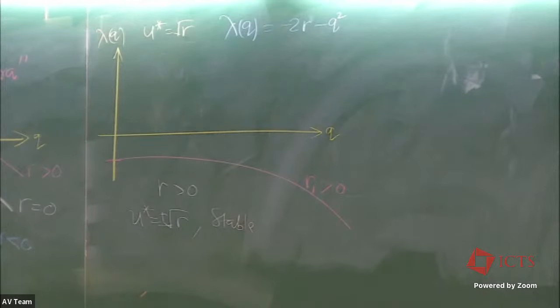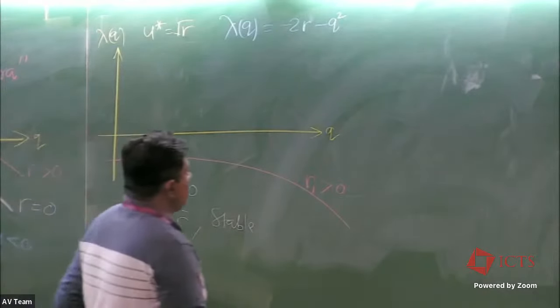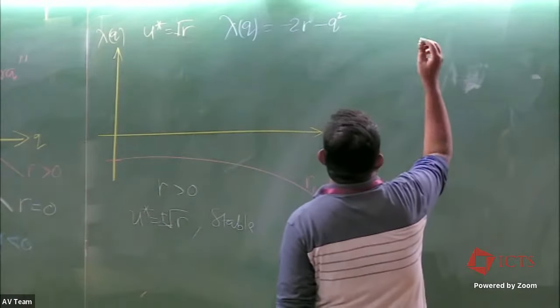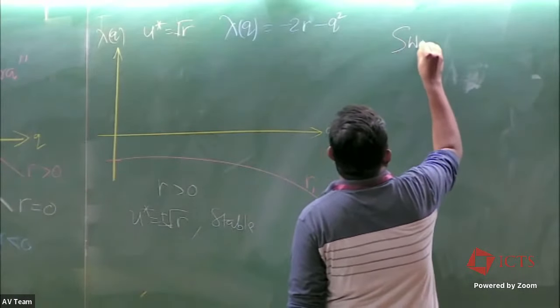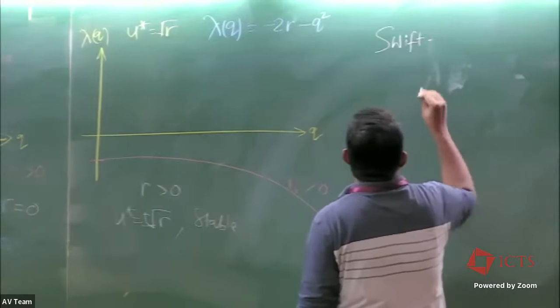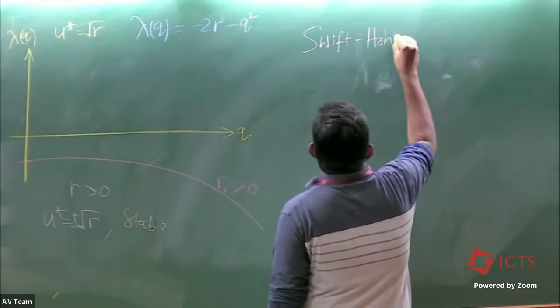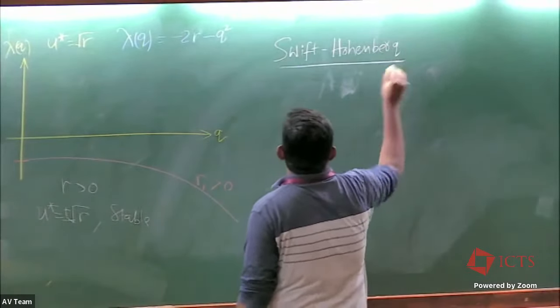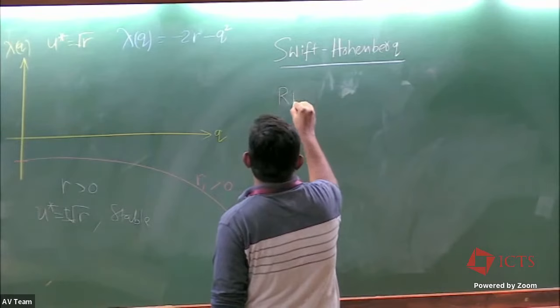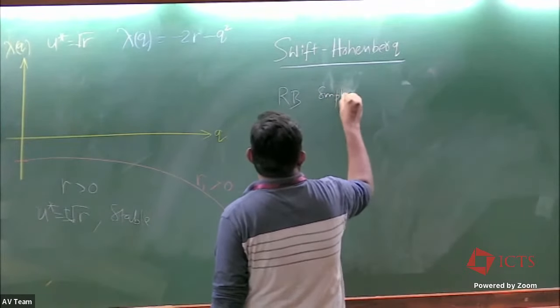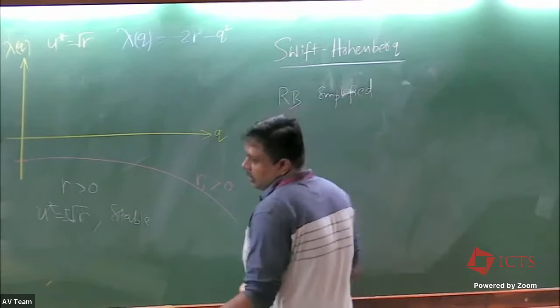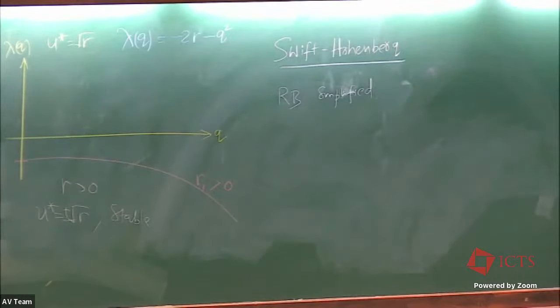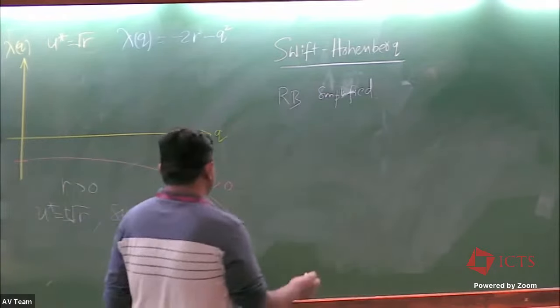So what I want to do in the next class is to discuss what is called a canonical example of pattern formation. Depends who you ask as canonical. Something called the Swift-Hohenberg equation, which really comes from some simplified picture of the Rayleigh-Bénard convection, and do the linear stability analysis for that, and show you that as a function of certain tuning parameters, you can actually start getting non-trivial pattern formation.